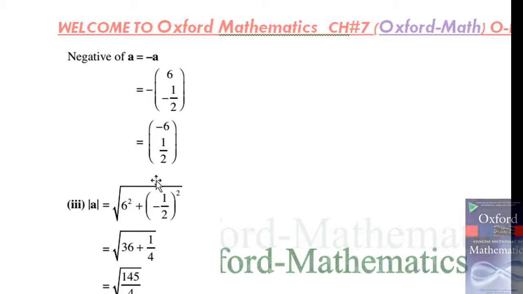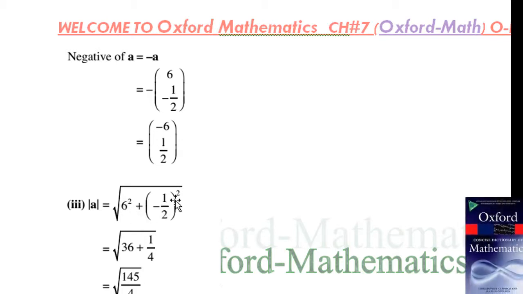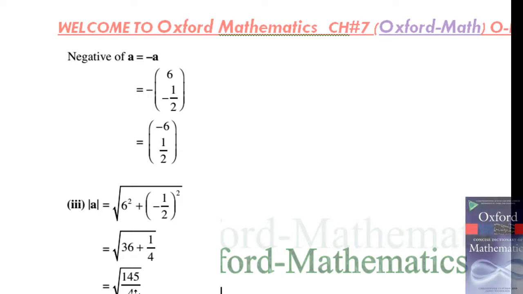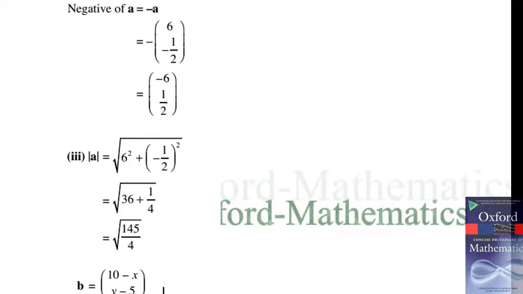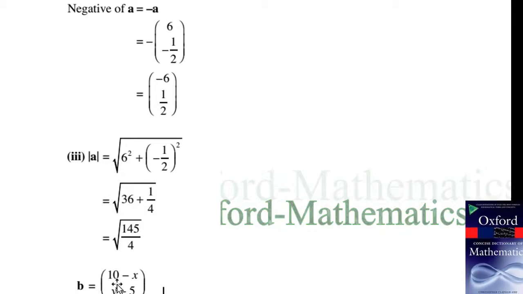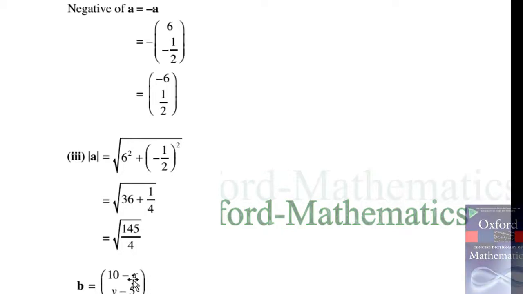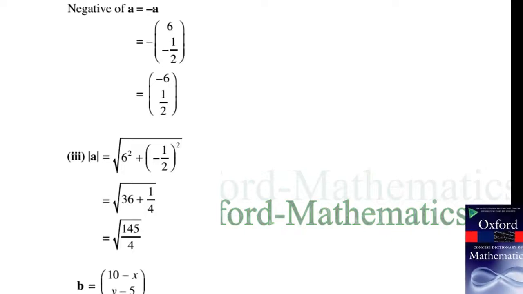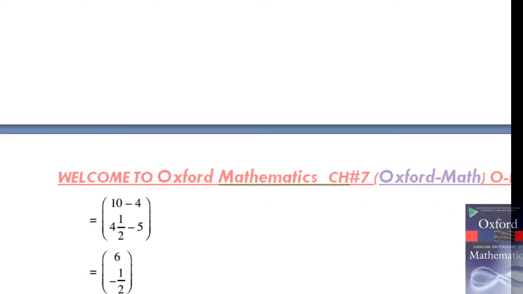In this way, the square root of 6 squared plus minus 1 by 2 squared. So the answer is 36 plus 1 by 4. After simplification, 145 by 4, which is the required answer. In this way for vector b, 10 minus x, y minus 5, we put in the values of x and y that we found. So we find vector b without x and y.